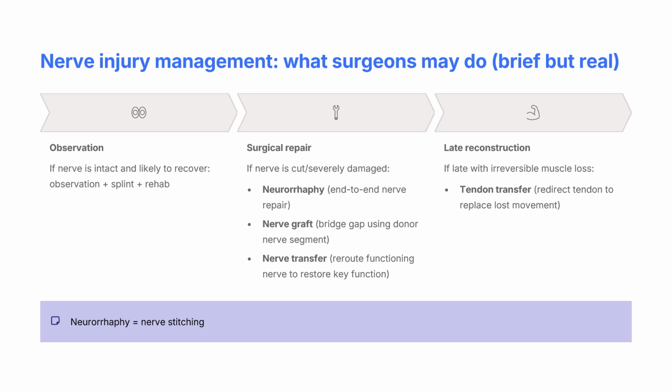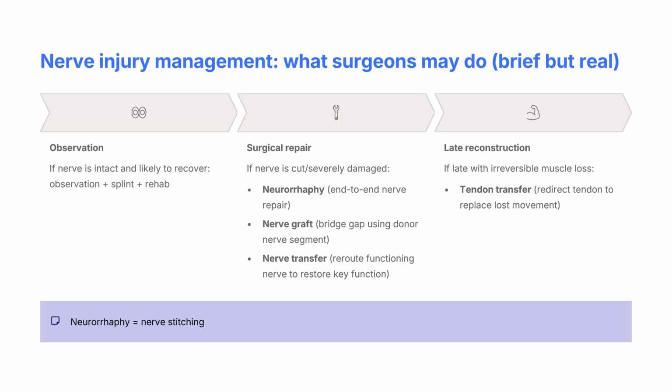And in late cases, that means if the injury happened earlier but there was no treatment till now, late cases may require a tendon transfer so that a muscle group can relearn.